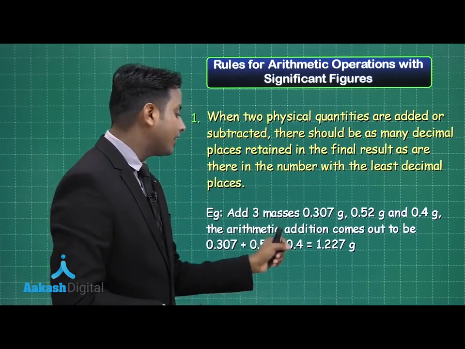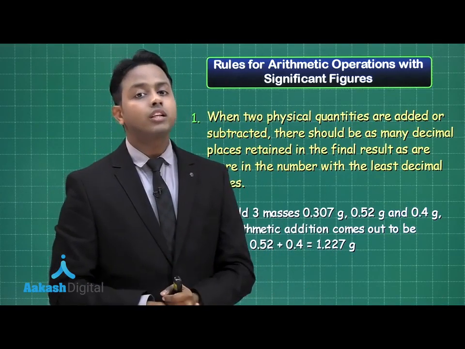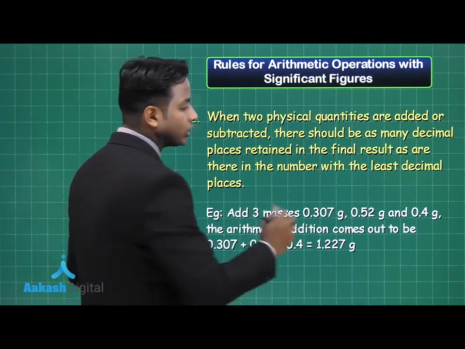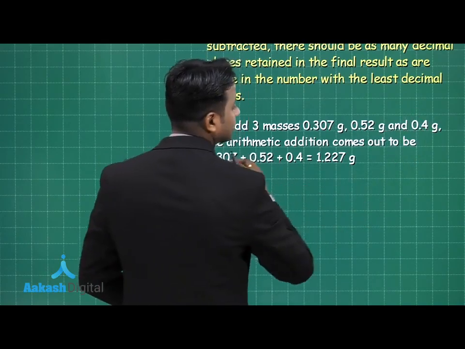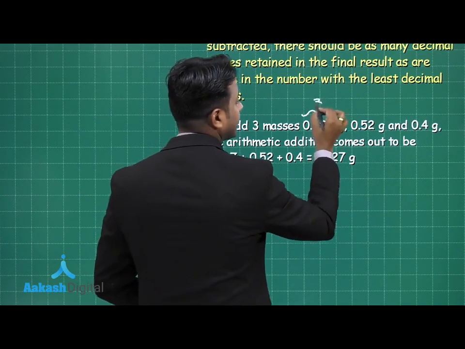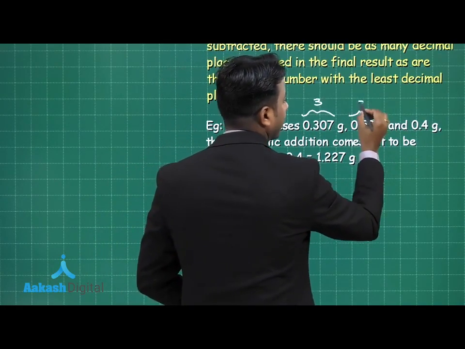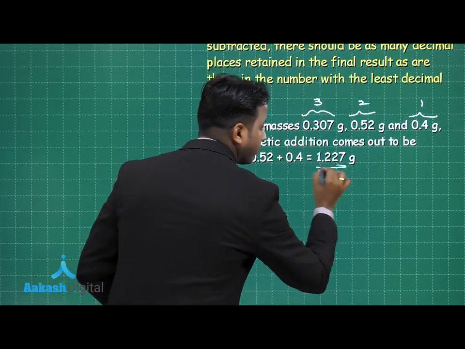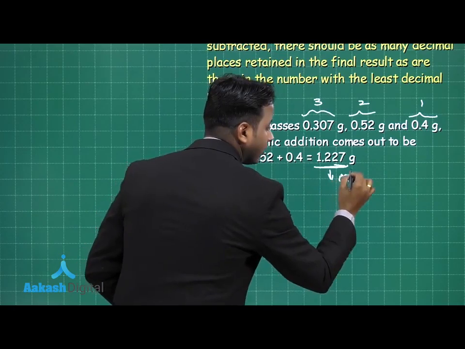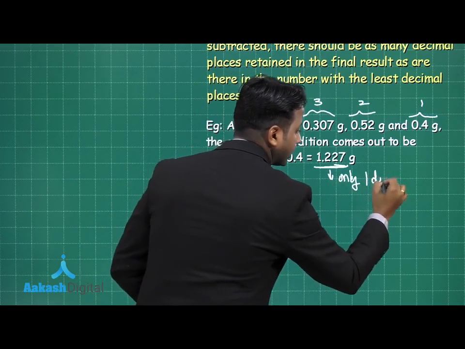Since you are adding the numbers based on the significant figures, in addition you need to identify how many decimal places are there. In this number I have 3 decimal places, in this number I have 2 and in this number I have 1. So the answer should be reported up to only 1 decimal place.